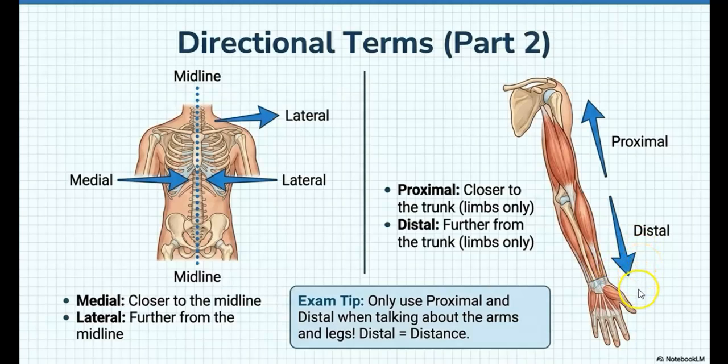For example, the fingers are distal to the wrist. Always remember, proximal means near and distal means far. If I ask you, is the wrist proximal or distal to the elbow? The correct answer is distal.